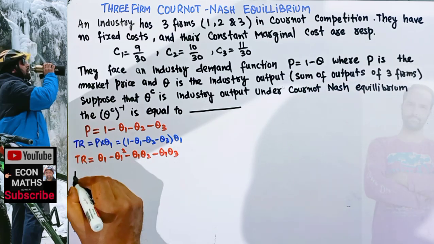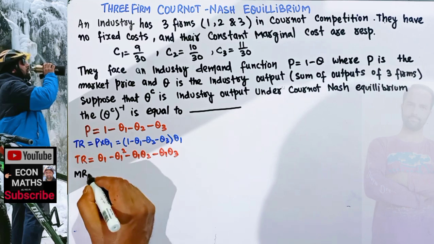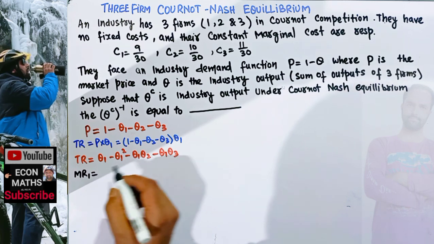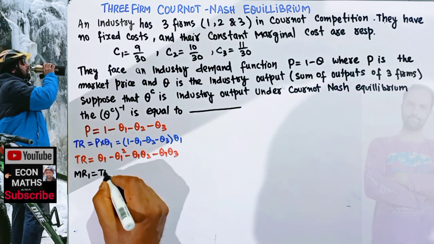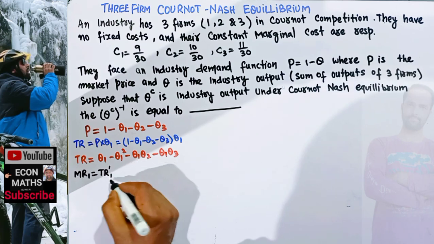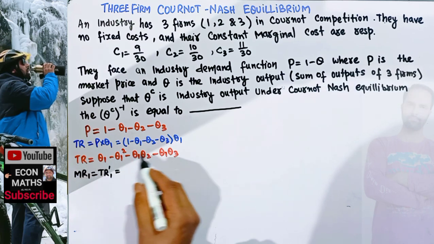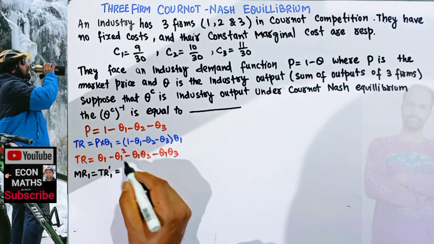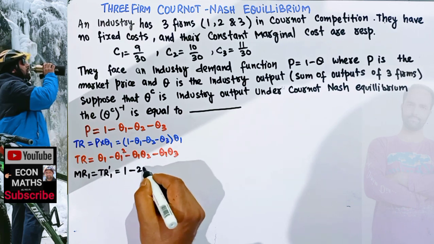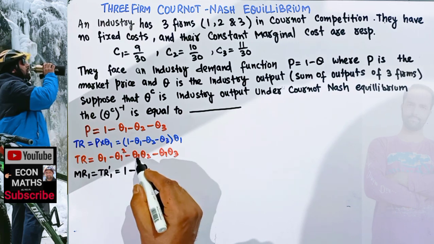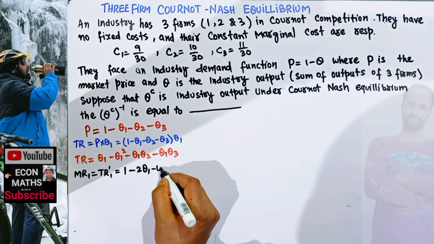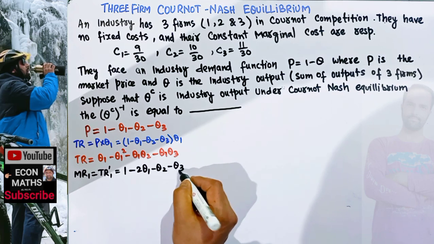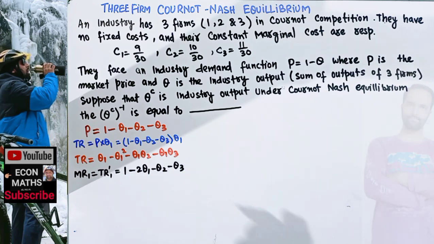Marginal revenue of firm 1 will be simply the derivative of this with respect to Q1, denoted TR'. Taking the partial derivative with respect to Q1: the derivative of Q1 is 1, the derivative of Q1² is 2Q1, in the next term the derivative of Q1 is 1 so we are left with Q2, and here again the derivative of Q1 is 1, so we are left with Q3. This is our marginal revenue.